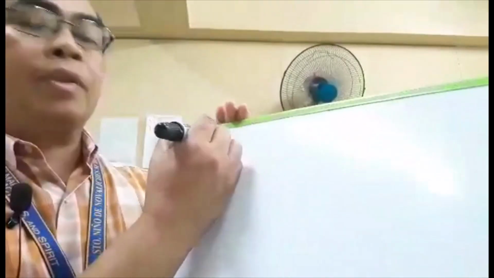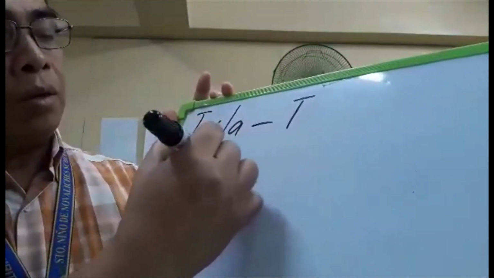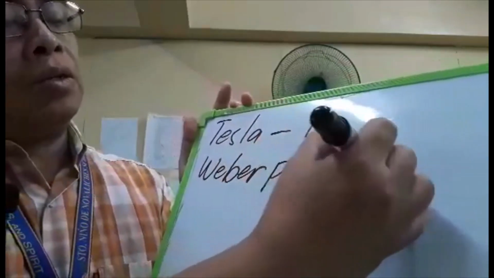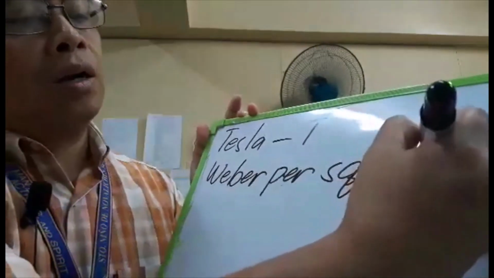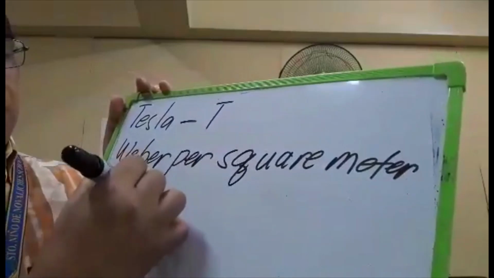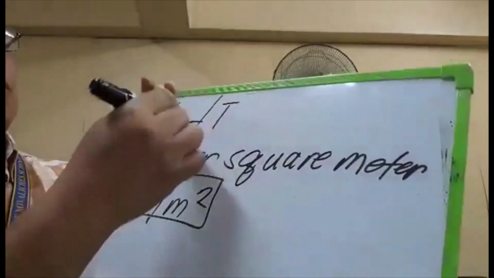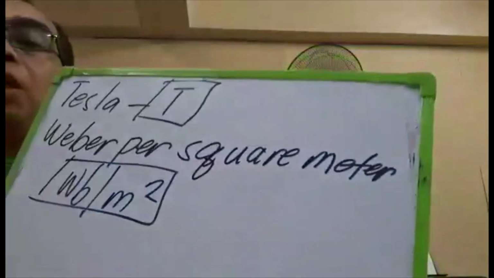Tesla is denoted as capital letter T. Ito po yung old name, ito po yung new unit of magnetic field. So always remember, let us try to go back to our magnetic field.